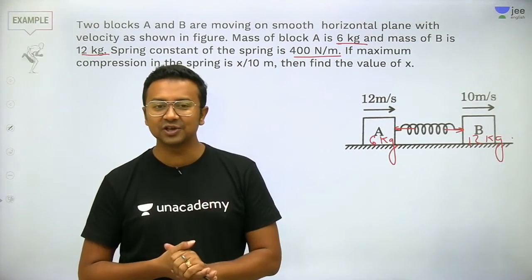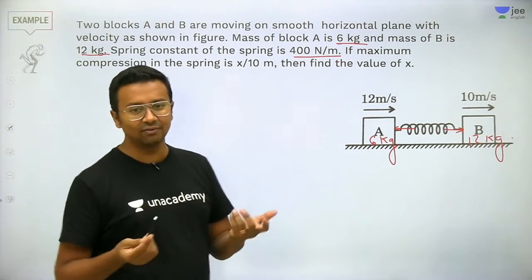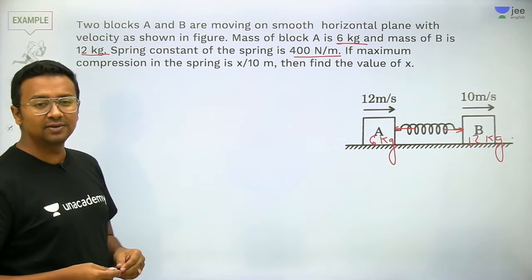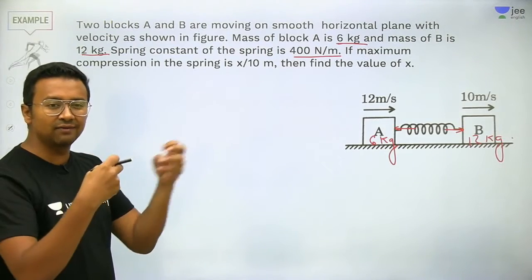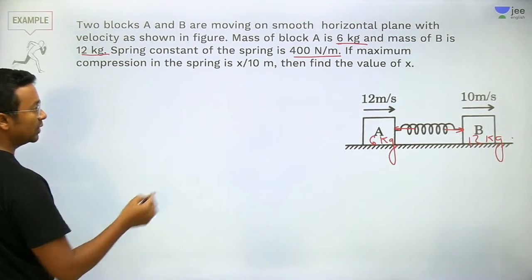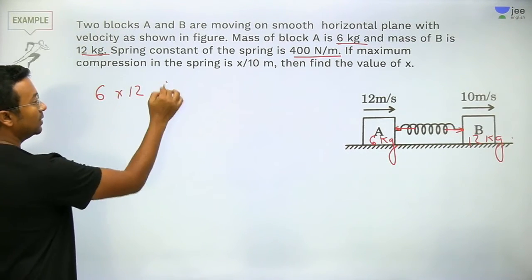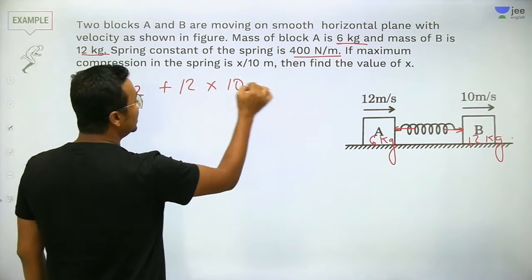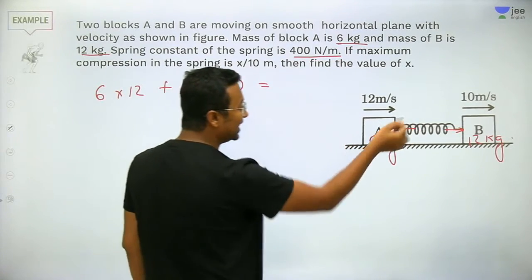Now, the traditional method, or the long-cut method to do this question, what students generally do is find out by the conservation of momentum, because these are all internal forces, spring force acting on block A, block B. So 6 kg into 12 plus 12 kg into 10, this is the initial momentum, will be equal to the final momentum.